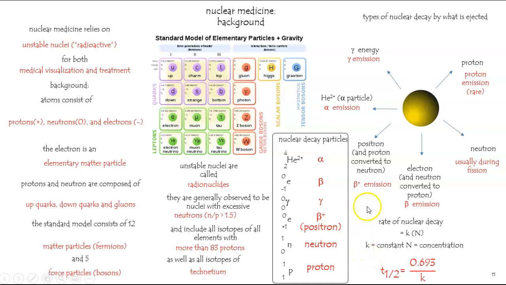The half-life for these first-order processes is equal to 0.693 divided by the rate constant. This is a common source for questions on an exam, where they oftentimes just give you one of these and you determine the other. This is some background on nuclear medicine.